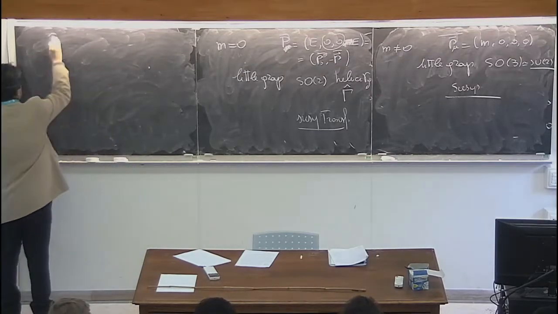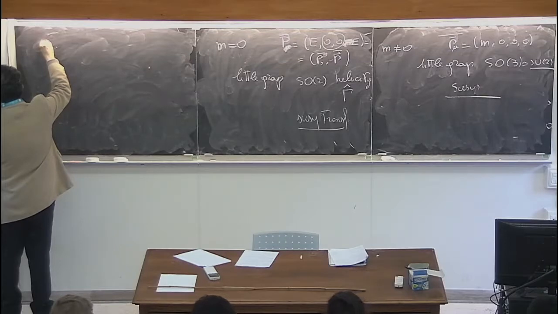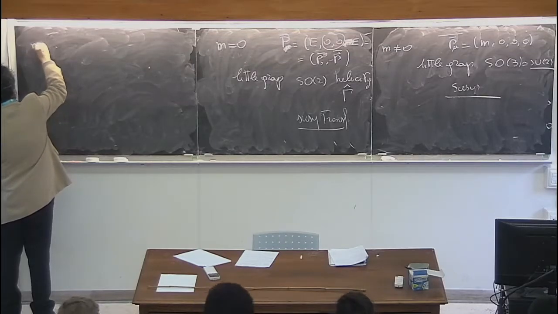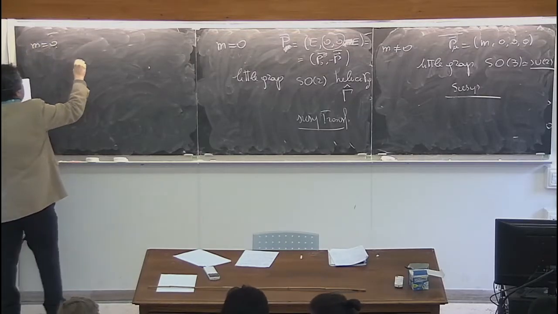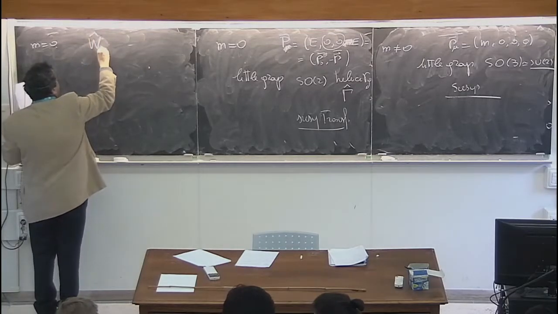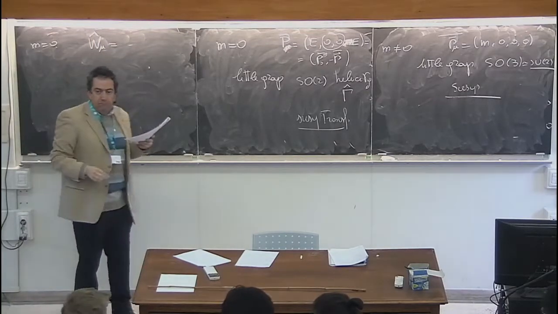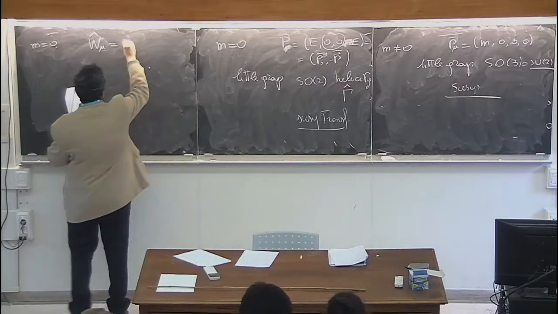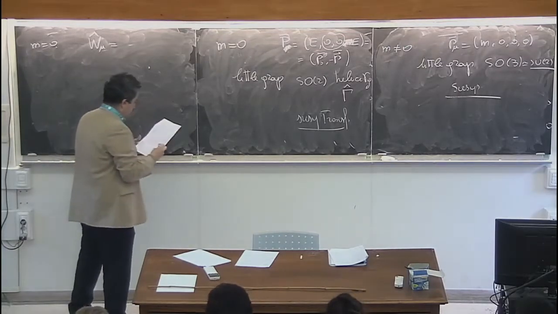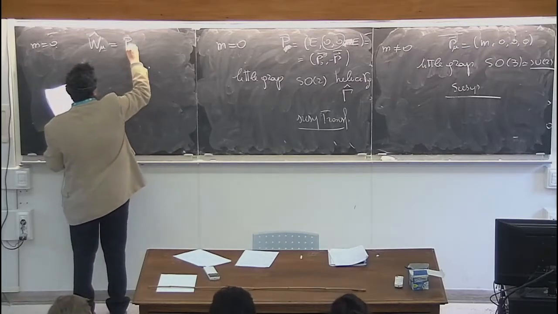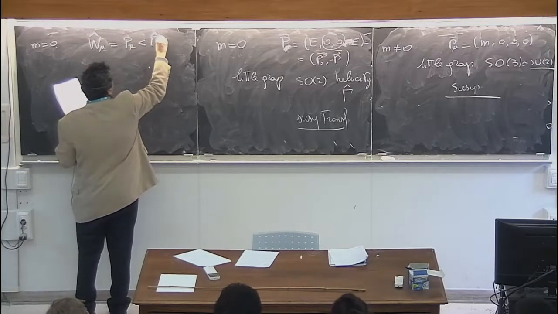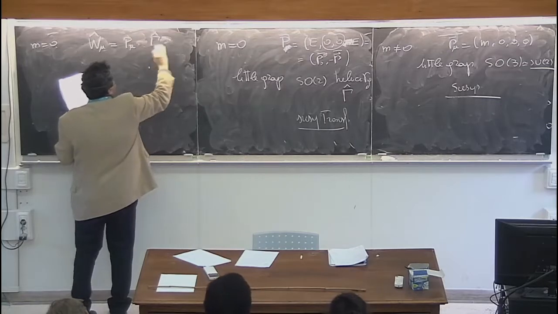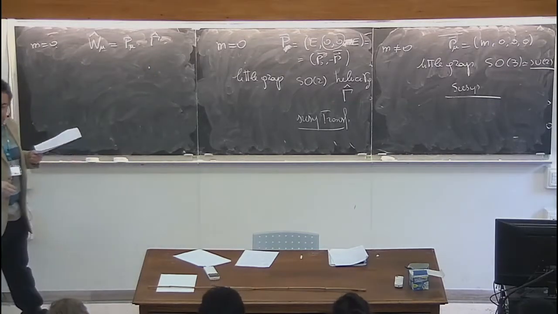Massless case first, M equals 0. We have the Pauli-Lubanski generator. I hope you know that. In this case it is simply P mu times gamma, gamma being the helicity generator.